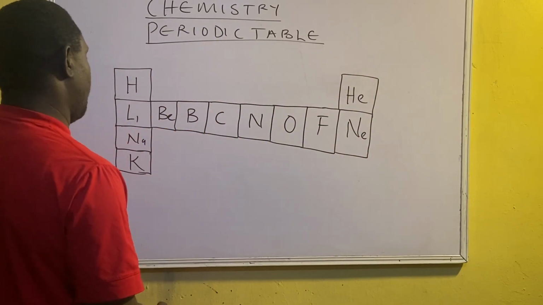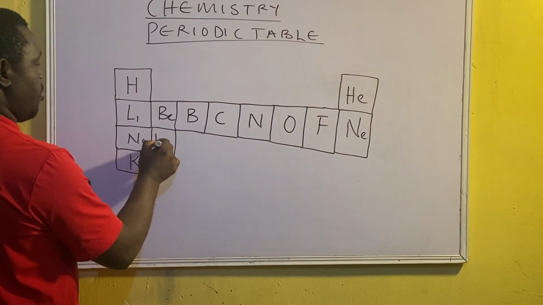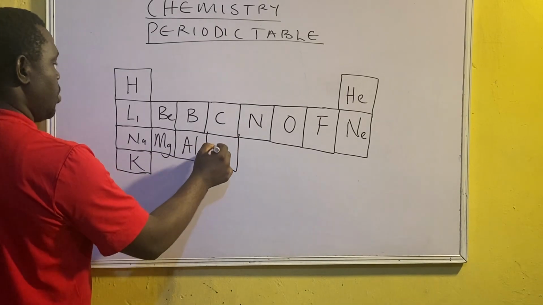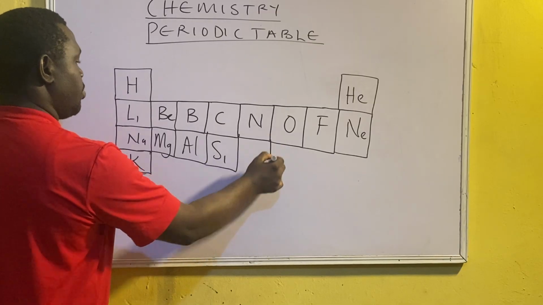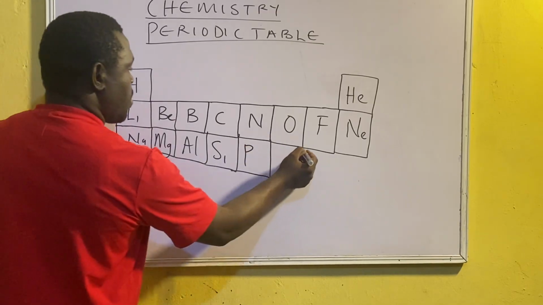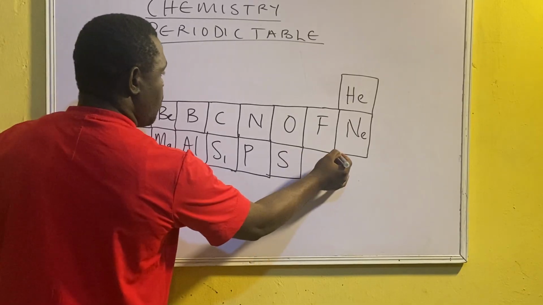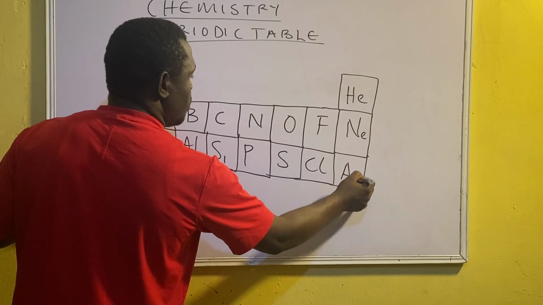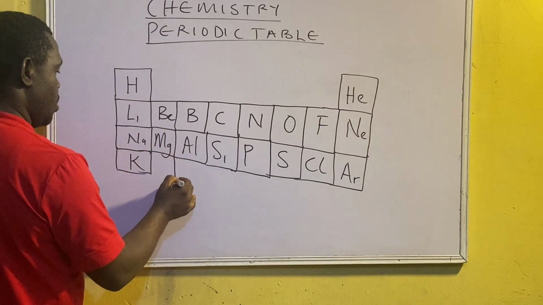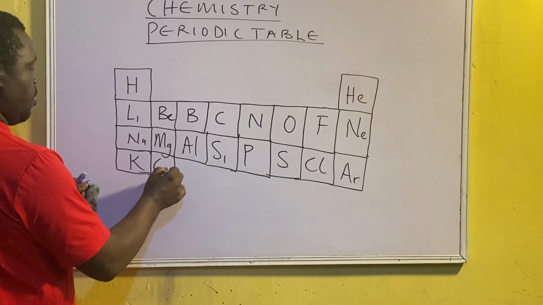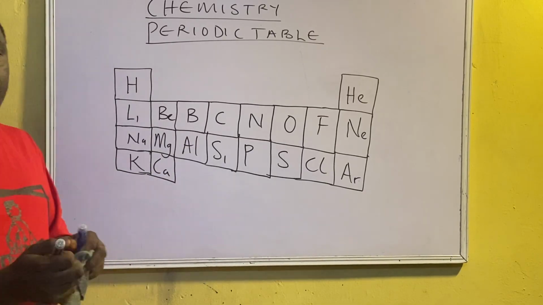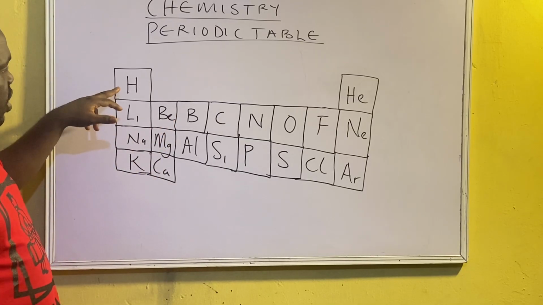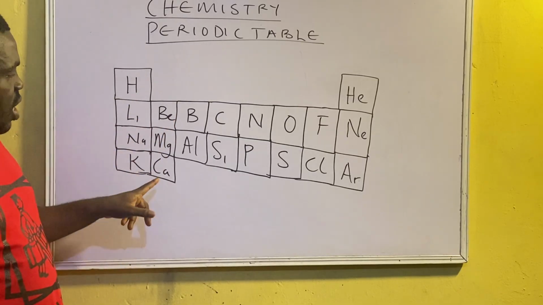Here I have magnesium, here aluminum, here silicon, here phosphorus, here sulfur, here chlorine, and argon. And here I have calcium. So this is the skeletal table for the first 20 elements, from hydrogen to calcium.